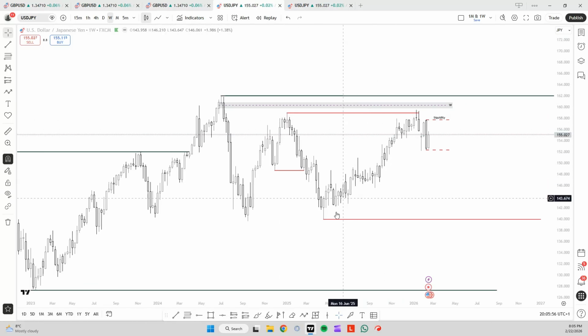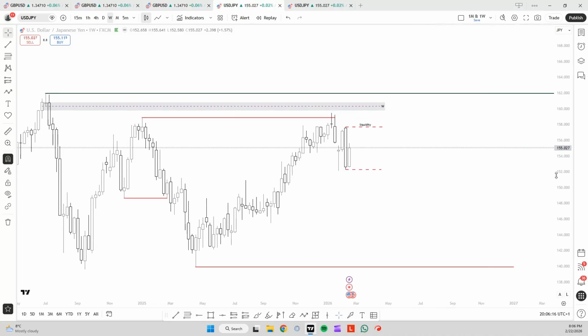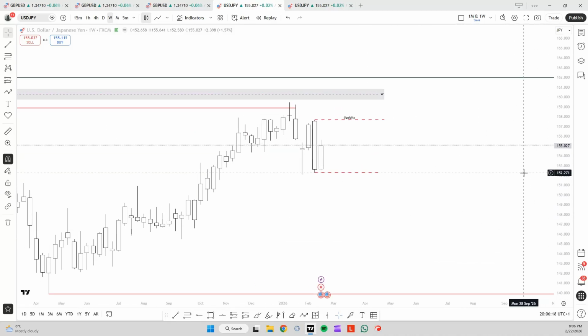And here it didn't break the low either. It's consolidating inside the range. But right here it broke the high but didn't push higher, closed back in the range and eventually turned around. You see here, it broke those lows. So this made me very curious.